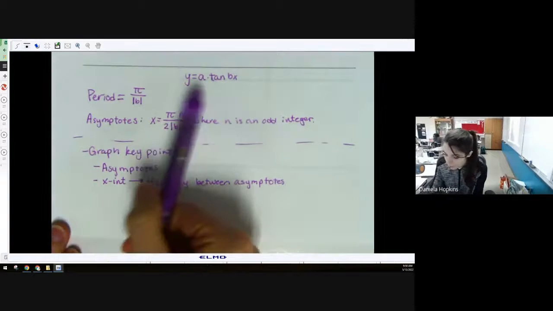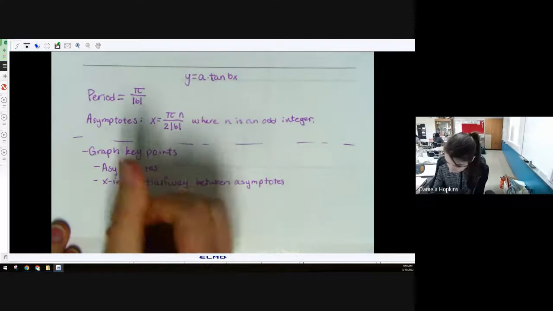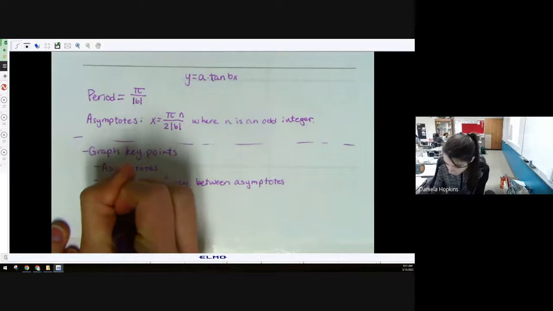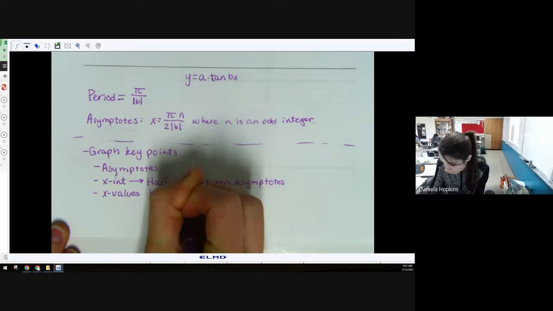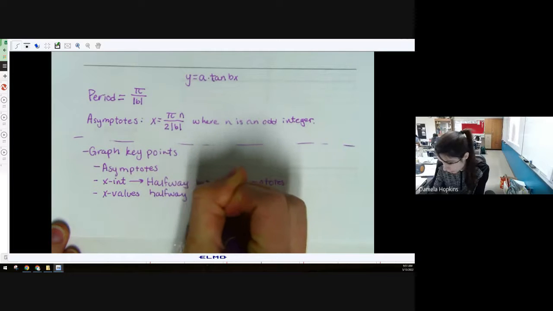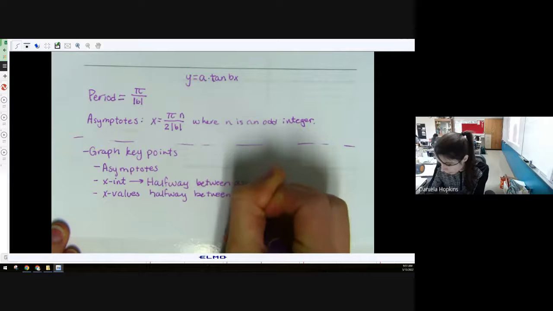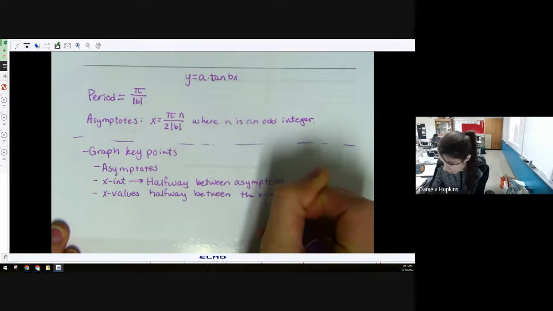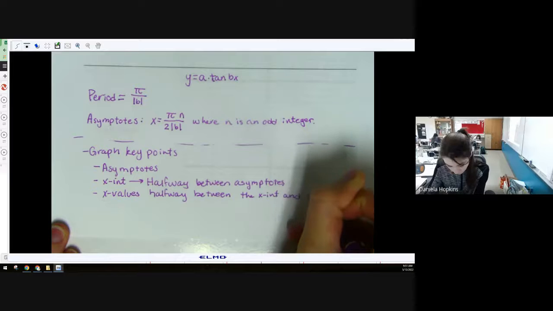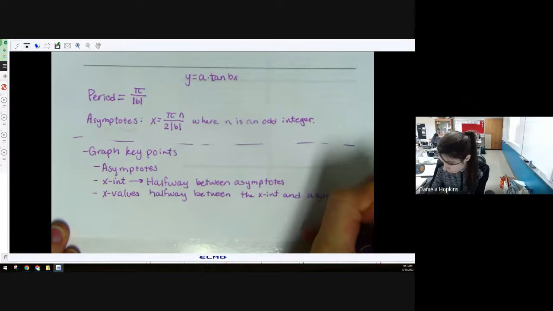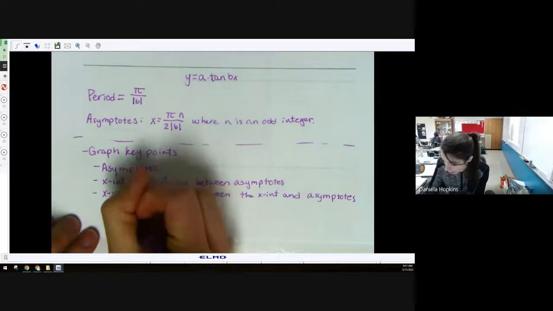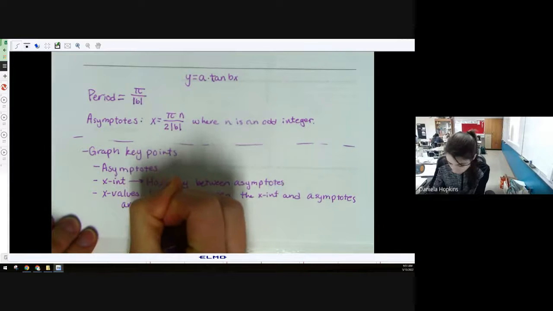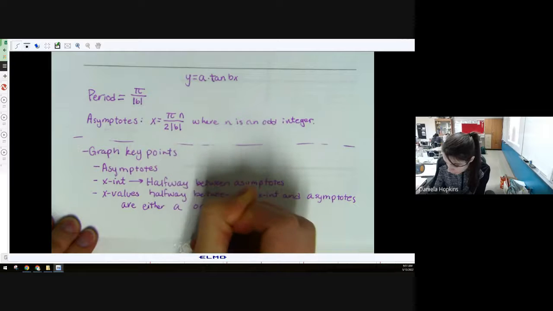Okay, so how does this little a play into it? Because it did change something. So the x values that are halfway between the x-intercepts and the asymptotes are either a or negative a.